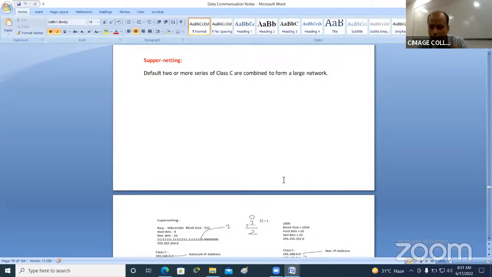But suppose you have to connect approximately 300 machines in a network, but the IP should be of class C. Then there is a concept to combine two or more series of default IP addresses to form a large network.